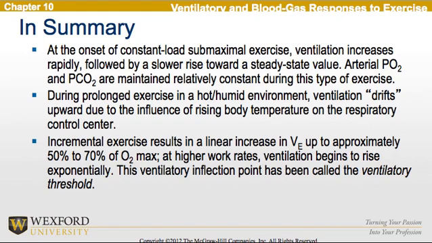We see that incremental exercise results in a linear increase of the ventilation up to approximately 50 to 70% of the VO2 max. At higher work rates, ventilation begins to rise exponentially. This ventilatory inflection point has been called the ventilatory threshold.